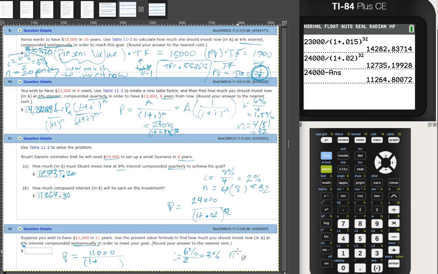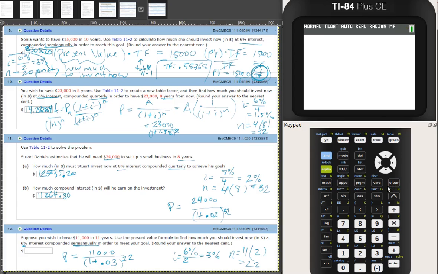The total number of periods, let's see, for 11 years, it's twice per year, so there are 22 periods. At the very end, there have been 22 periods total, and the interest rate per period is 3%, so I'll go plus 0.03. Then let's see what we get: 11,000 divided by 1 plus 0.03 to the 22nd power.